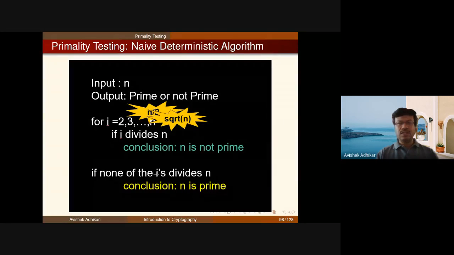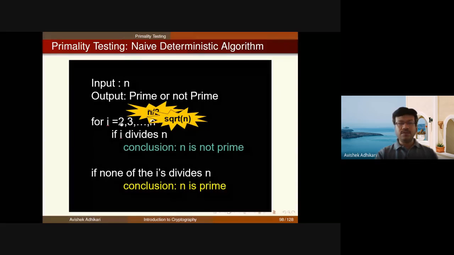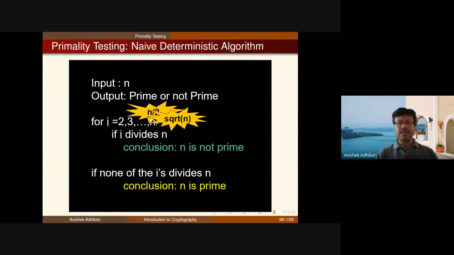If I ask you to check whether a number is prime or not, certainly the best algorithm that you know till now may be of this form. You start with n, and you check from 2, 3, up to n minus 1, whether any of these i divides n or not.